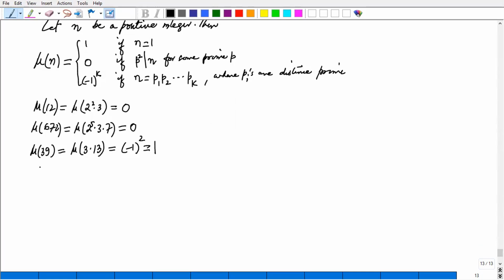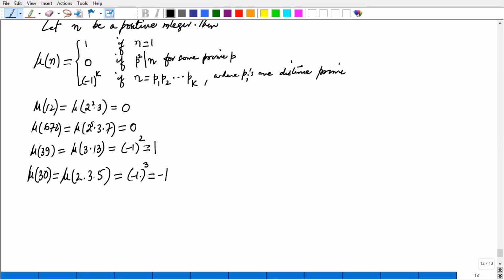And look at mu of 30. 30 can be written as 2 times 3 times 5. So here we have factors of 3 distinct primes. So k is 3 here. So minus 1 to the power 3 is equal to minus 1.